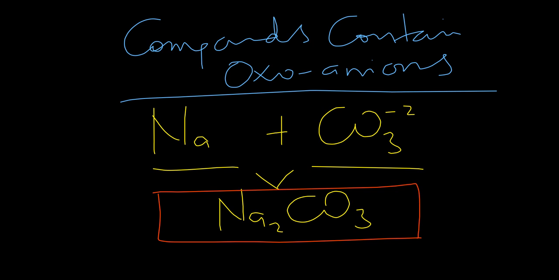Remember, it could also be the cation here. In this case, the cation is a single element sodium, but there are actually instances where the cation could also be a complex ion. For example, you can have this cation, ammonium.